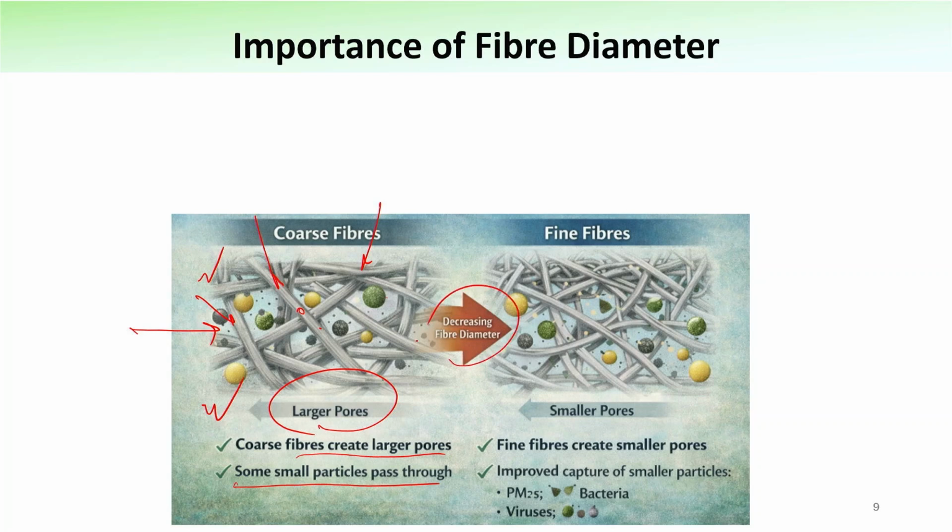And if we decrease the fiber diameter, for finer fiber we can generate smaller pores. Fine fibers create smaller pores and improve the capture, but the problem here is that the air flow resistance, the pressure drop, will be high for finer fiber. So, that is the main drawback of this system.